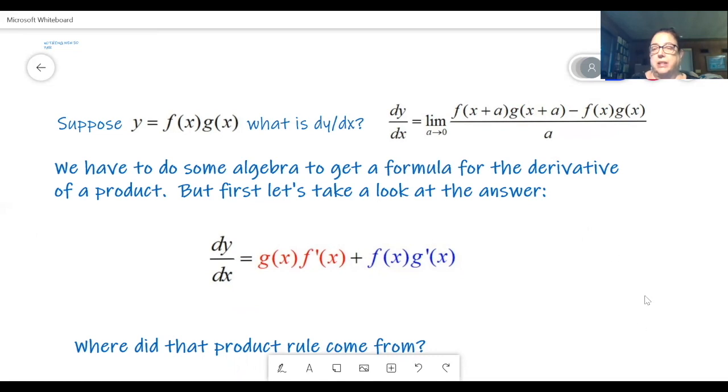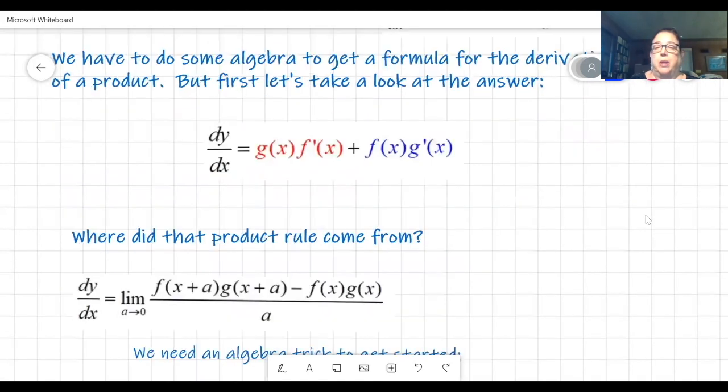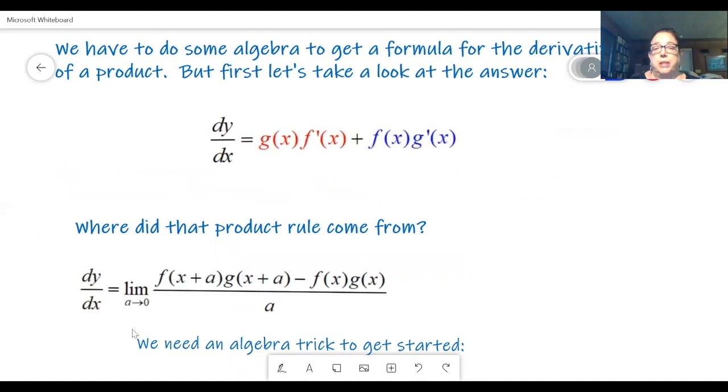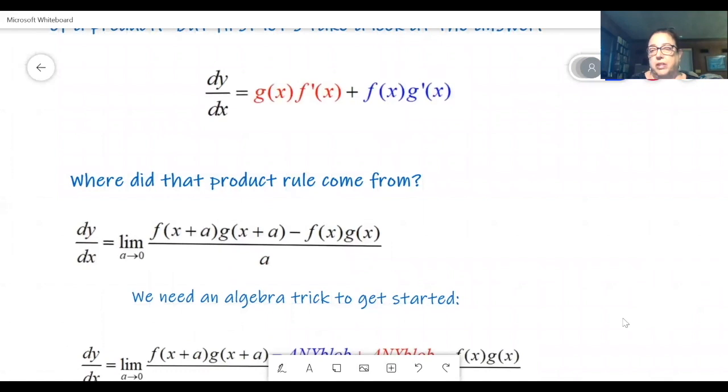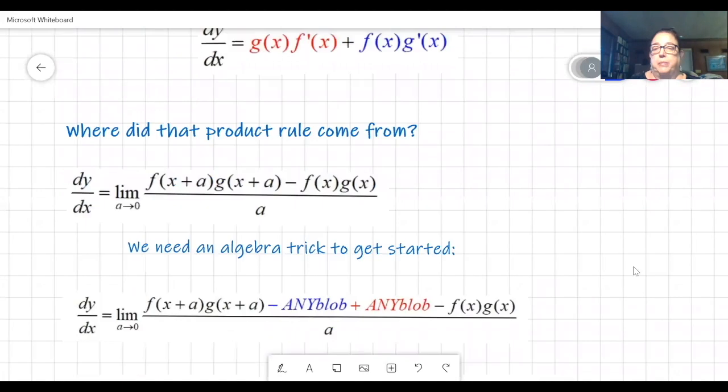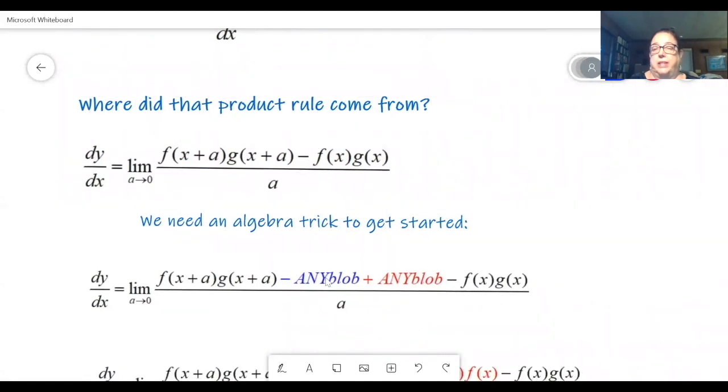Now where does this come from? Well, it comes from this definition, and we use a little algebra trick to get started. So first let's just describe the trick. I can take this already complicated expression and change it, but leave the result virtually unchanged by subtracting and then adding the same thing.